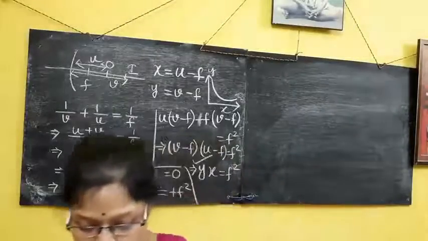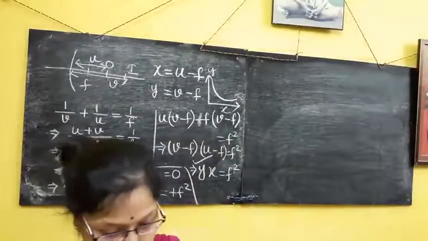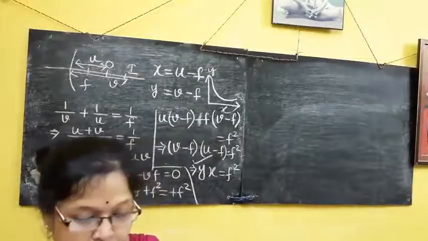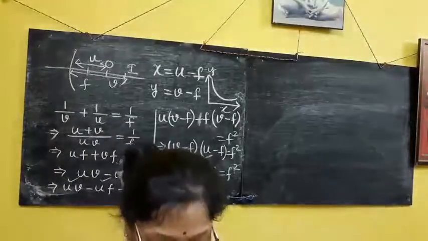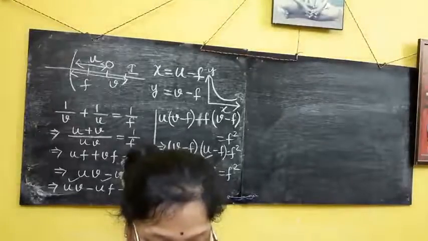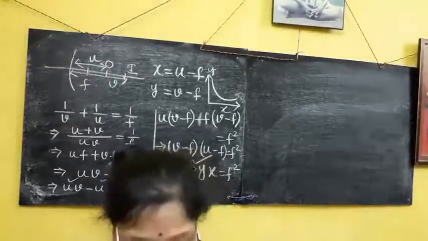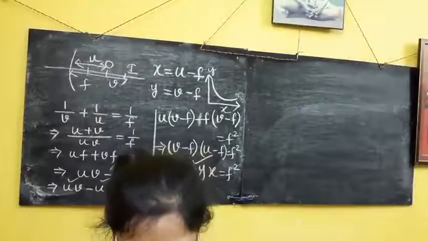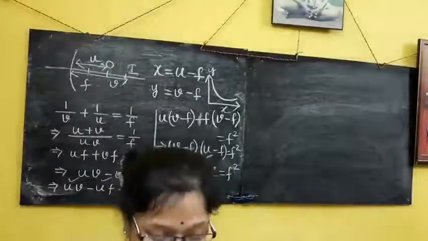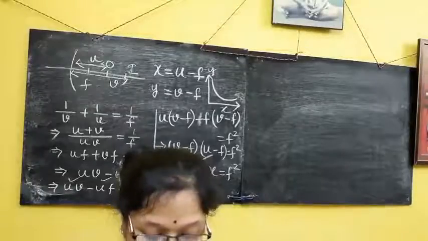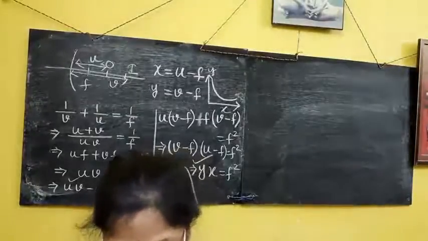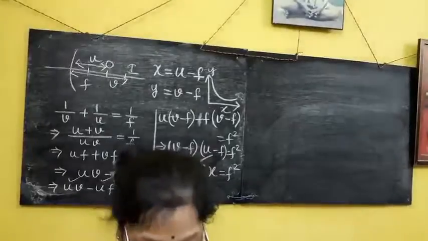The first numerical problem: a small candle of 2.5 centimeter is placed 27 centimeter in front of a concave mirror of radius of curvature 36 centimeter. At what distance from the mirror should a screen be placed in order to receive a sharp image?